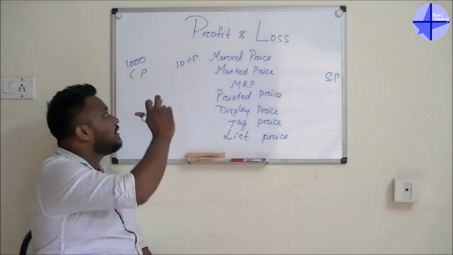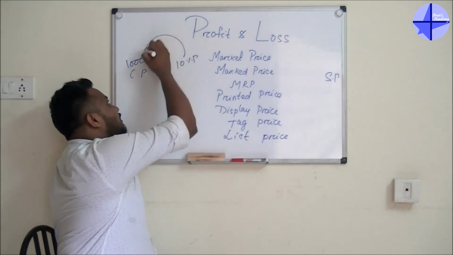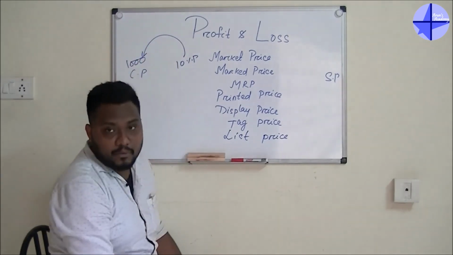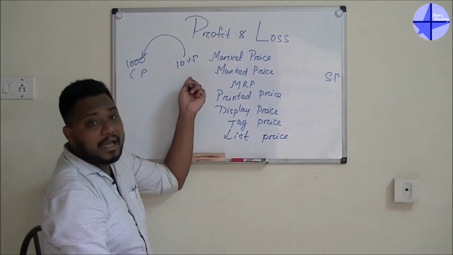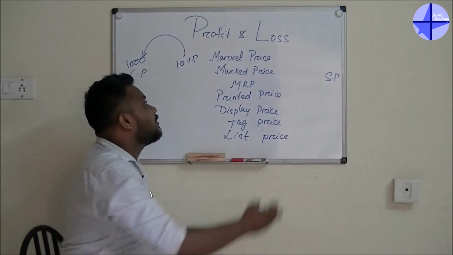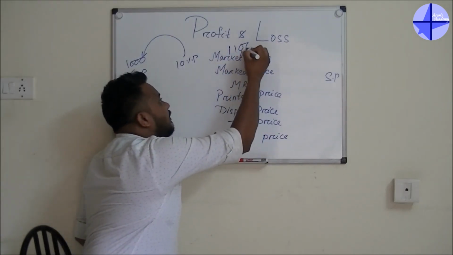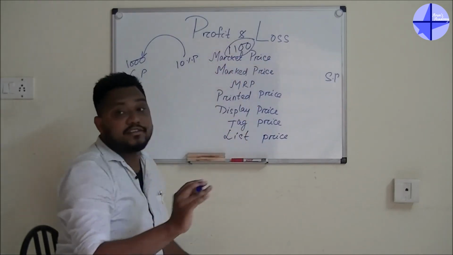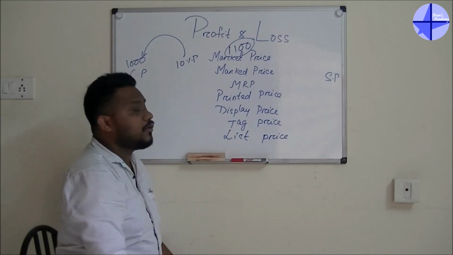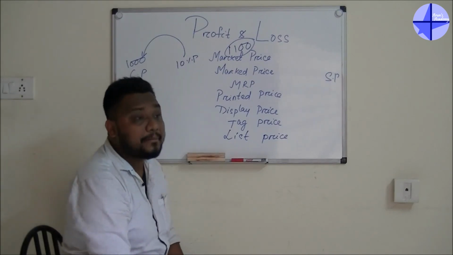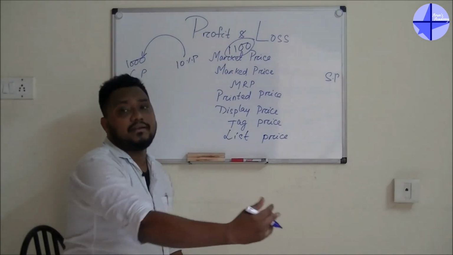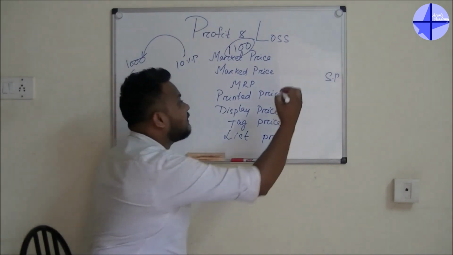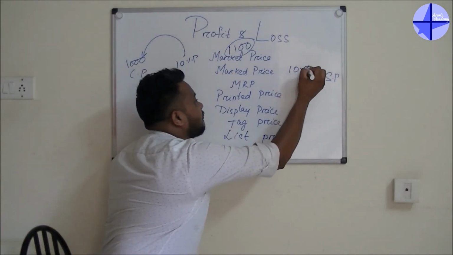Now 10% of 1000, answer will be 100. So you have to add the thing because it's profit. So you will get 1100. That will be the market price as of now. After that, whenever you are a shopkeeper, you have to give some discount to attract the customer. Let's say that discount is 10%.